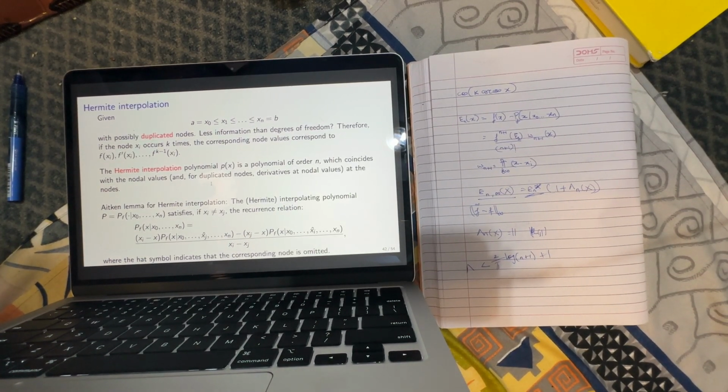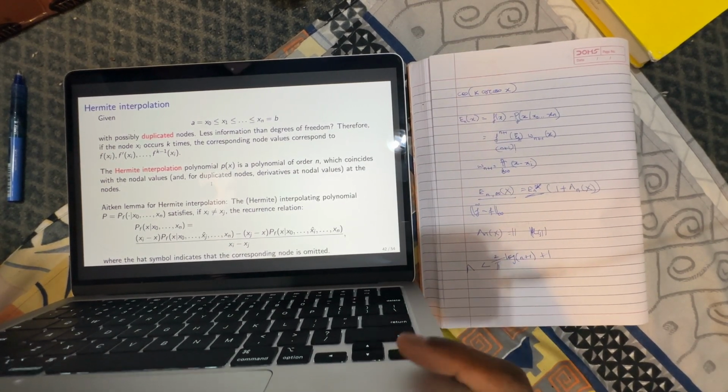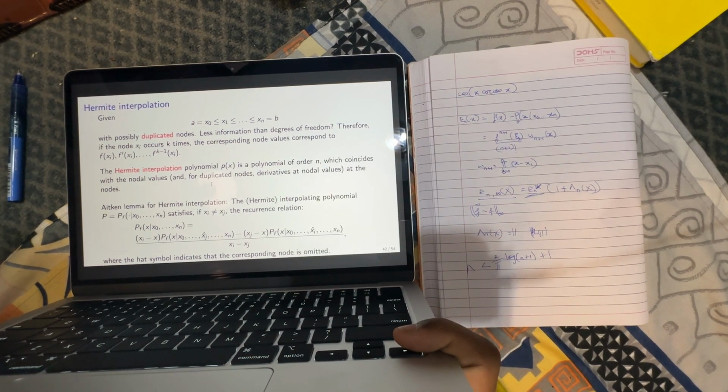Hermite. Oh, Hermite. Hermite is Indian. Hermite, with a hat.